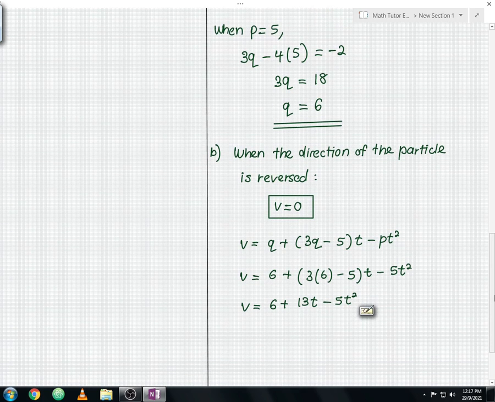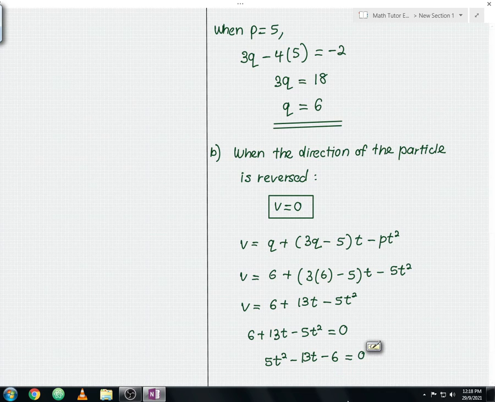So from here 6 plus 13 t minus 5 t squared is equal to 0. Okay, so you move all these variables to the right hand side. So from here 5 t squared minus 13 t minus 6 is equal to 0.